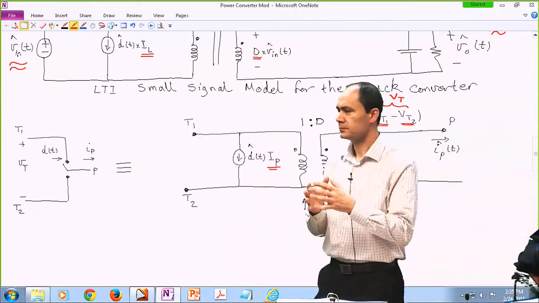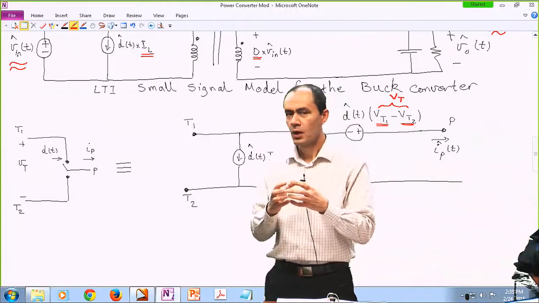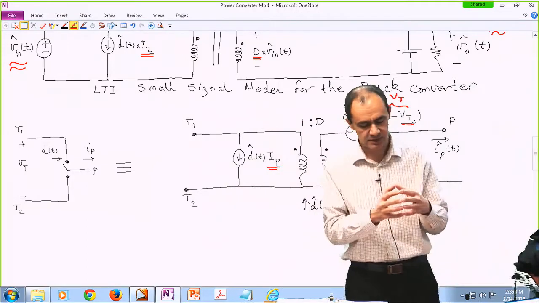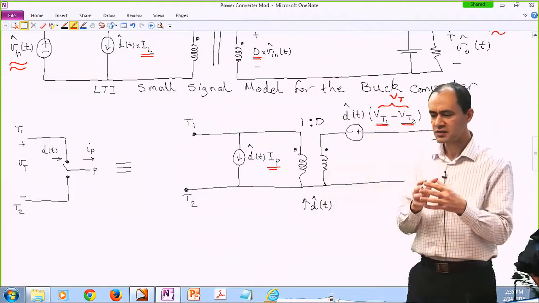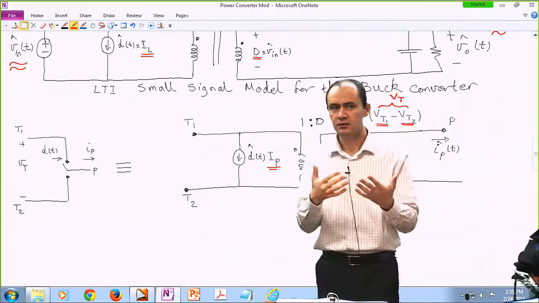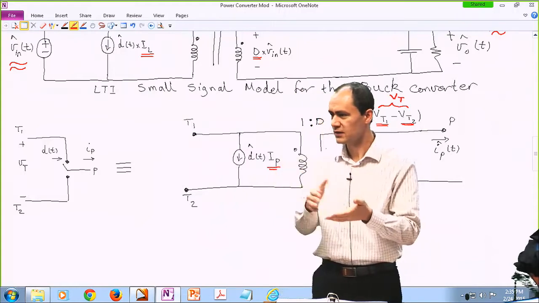The input voltage would normally be constant, right? So why do we need to consider perturbation around it? Oh, the input voltage is not actually constant. For instance, if you have a battery as your input voltage, the real voltage of the battery depends on the state of charge of the battery, so it varies a little bit.